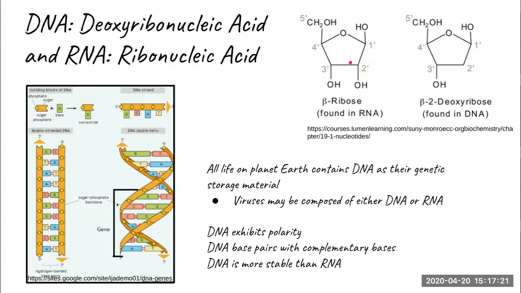Life may have evolved with this first, or at least that's the belief, that RNA was the basis of life first, and then a sugar like this was used instead, deoxyribo, meaning deoxygenated ribose, the sugar, and this is much more stable. DNA can persist in the environment for hundreds to thousands of years.